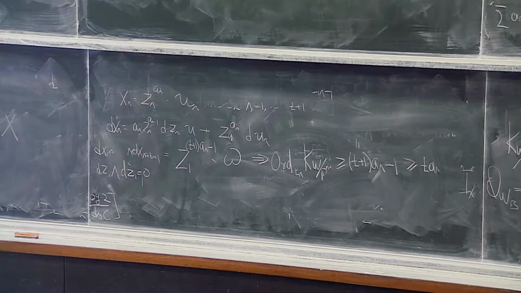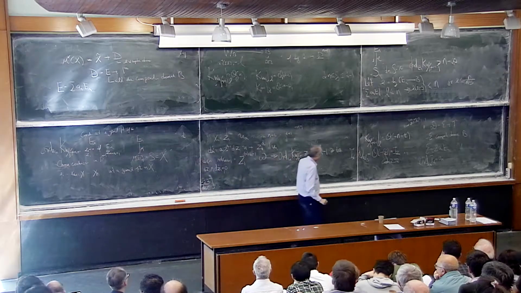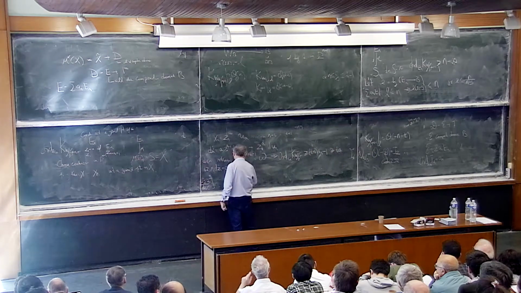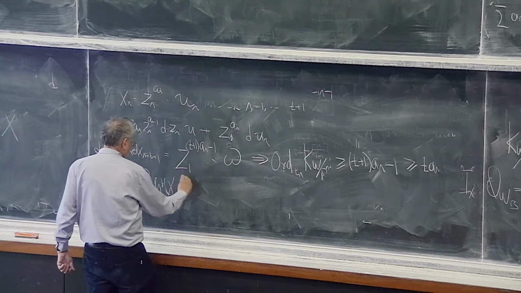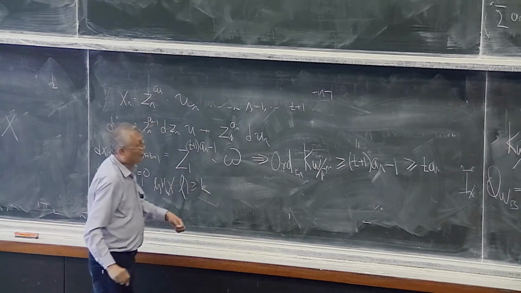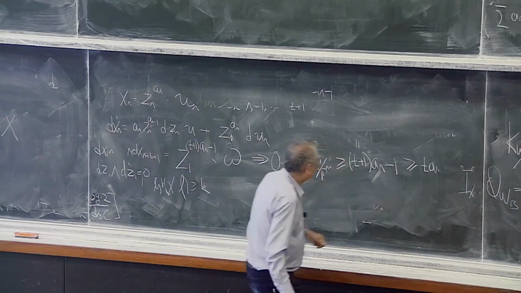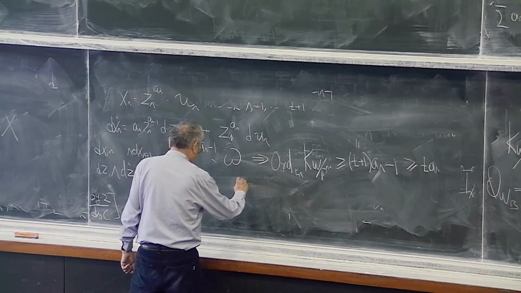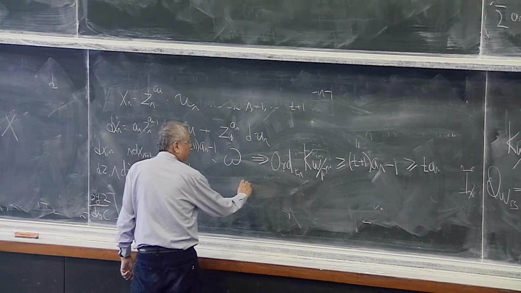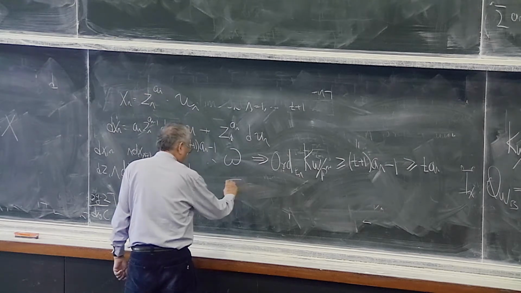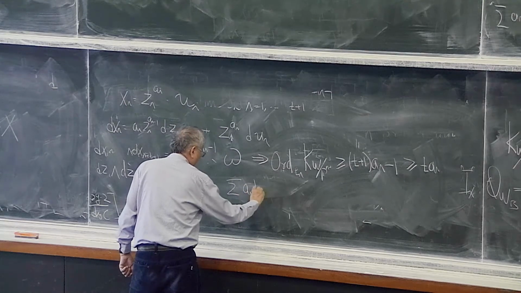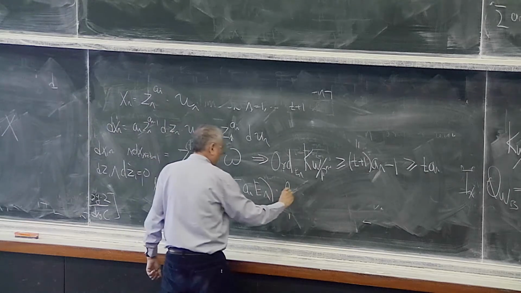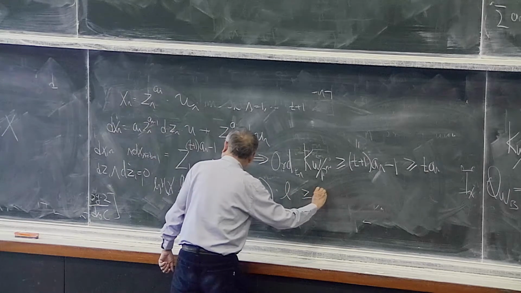And on the other hand, we know that the length of the line is at least k. So you know that the summation of a_i dot L is greater than or equal to k.